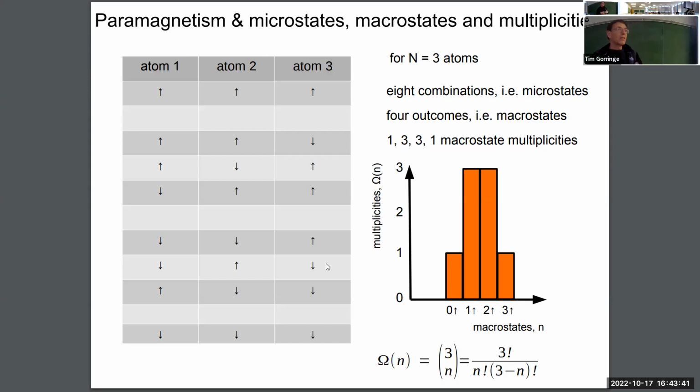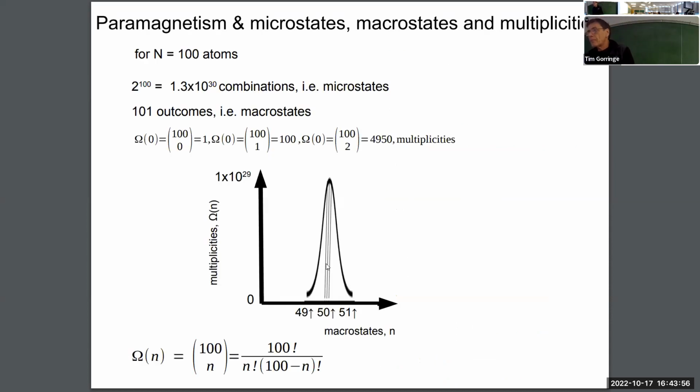The other states with 3 up atoms or 3 down atoms would have multiplicities of 1. So you can see how what we worked out for coin tosses could resemble a paramagnet. A paramagnet would have more atoms though, so this case of 100 coin tosses better simulates a paramagnetic material.